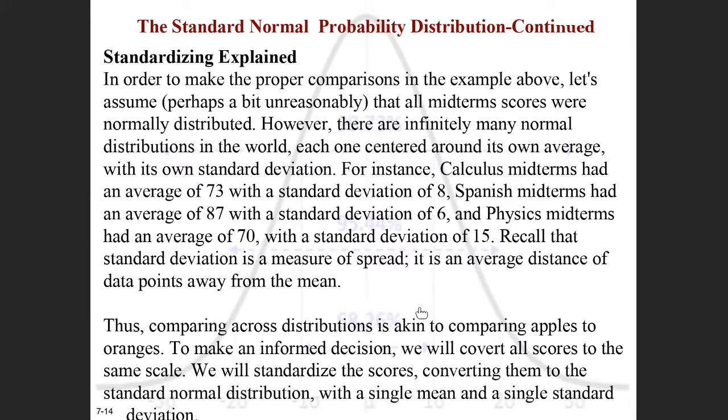Well, yes, you can, depending on what you're measuring. If you're measuring the width, the height, the size of the circumference of an apple compared to an orange, you certainly can compare them. So you standardize the scores, converting them to standard normal distribution with a single mean and a single standard deviation.